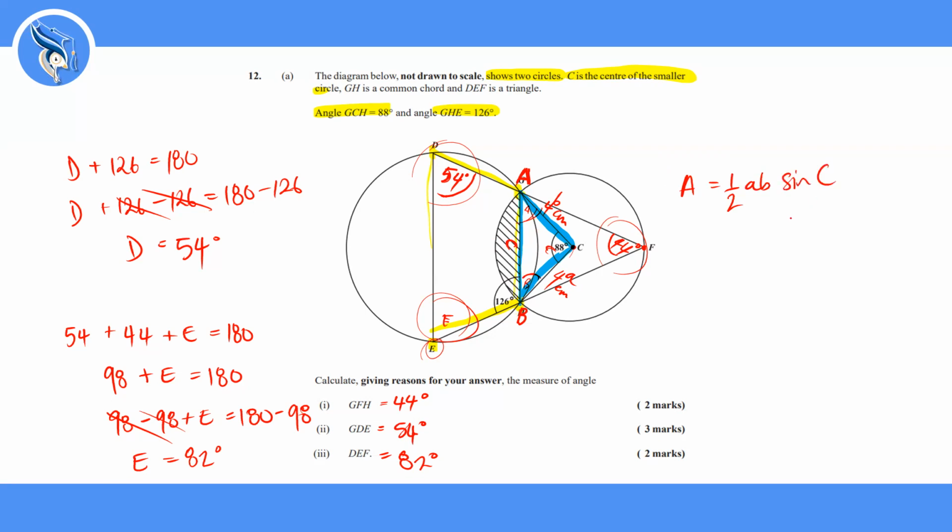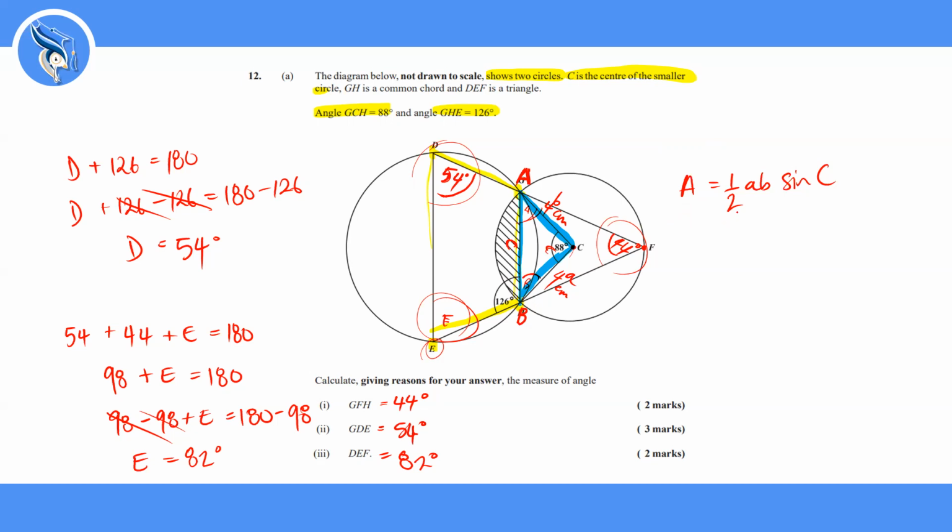It's different from the half base times height equation that you usually use, because you use those for right angled triangles. So always know this. You use half base times height for right angled triangles. You also have two other formulas that you can use to find the area. You have Heron's formula and another one.